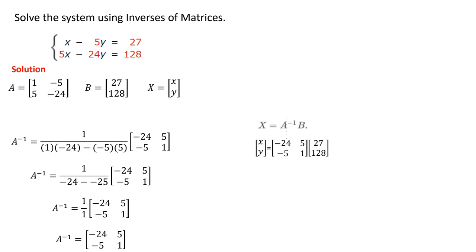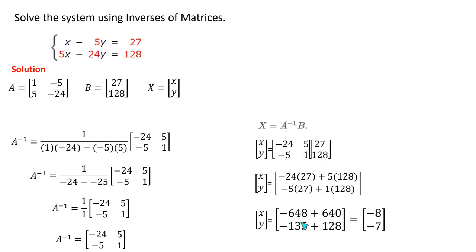Now that you have the inverse, we set up the equation. So x is equal to A inverse times B. So this is our inverse, and then B is 27 and 128. So we're going to multiply -24 times 27 and 5 times 128. So here it's set up, and then -5 times 27 and 1 times 128.